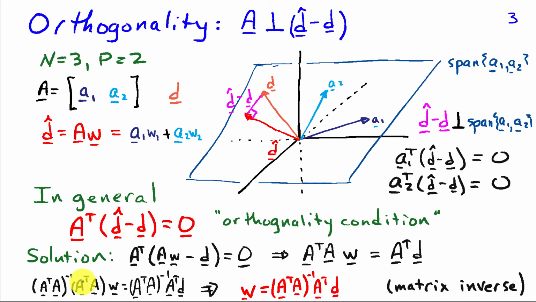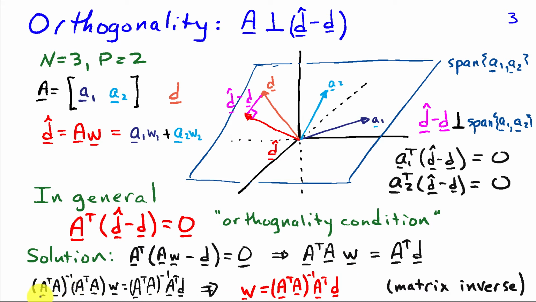Now, if we can find an inverse for this matrix and multiply this equation on the left by that inverse, we can isolate W. And that's exactly what we're doing down below.